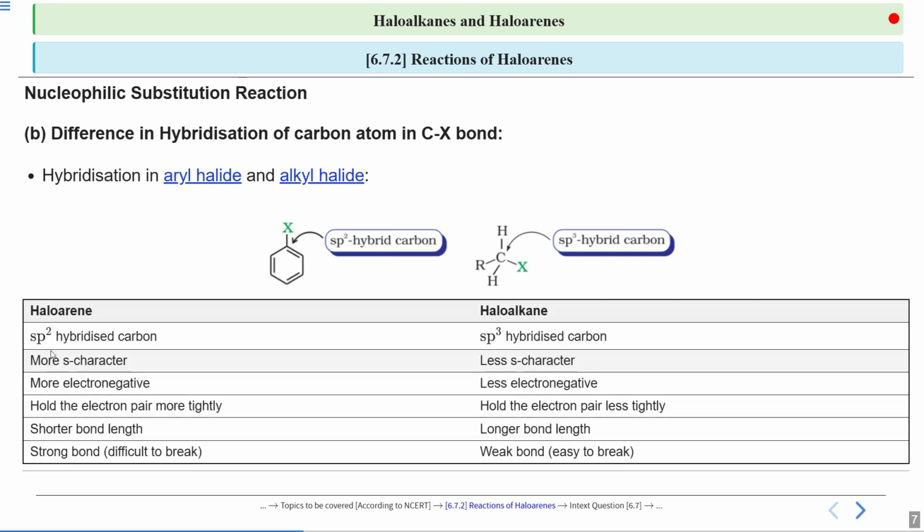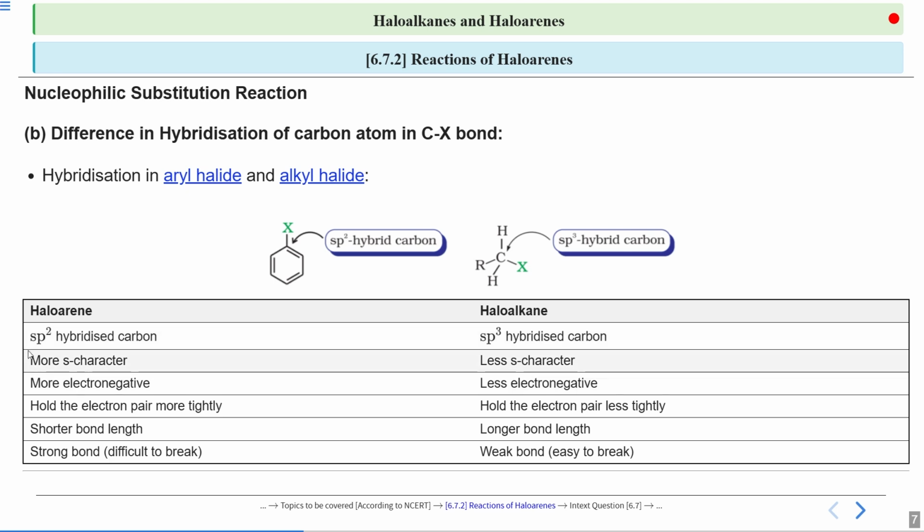So if you compare haloarenes and haloalkanes, first of all, in the haloarenes the carbon at which the halogen is present is sp2 hybridized. Meanwhile, in the haloalkanes, the carbon is sp3 hybridized.